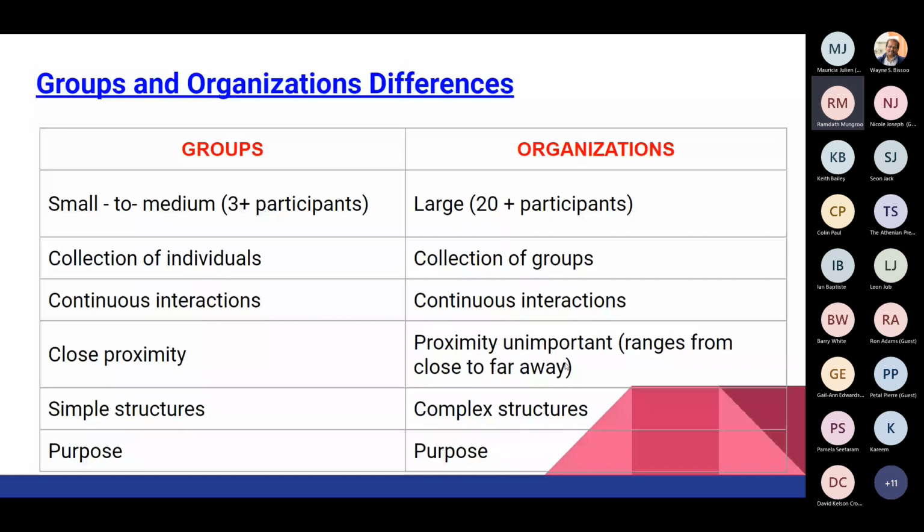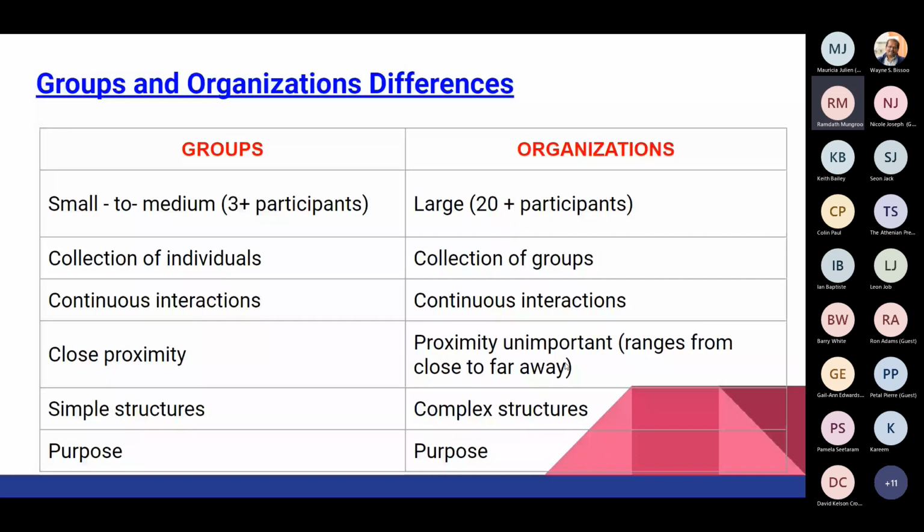We see here that a group is a collection of individuals, whereas the organization is a collection of groups. As I said before, groups will actually make up the structure within the organization. There is also continuous interaction for groups and continuous interaction for organizations. So we see here that they both interact with each other.